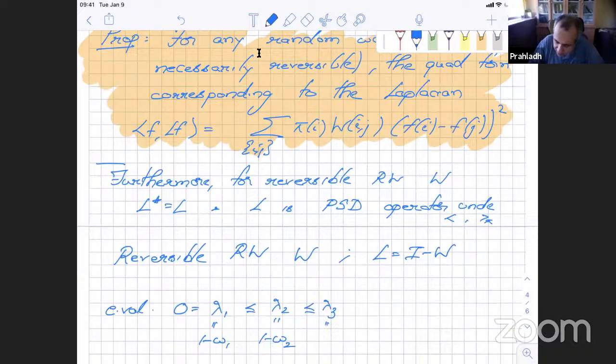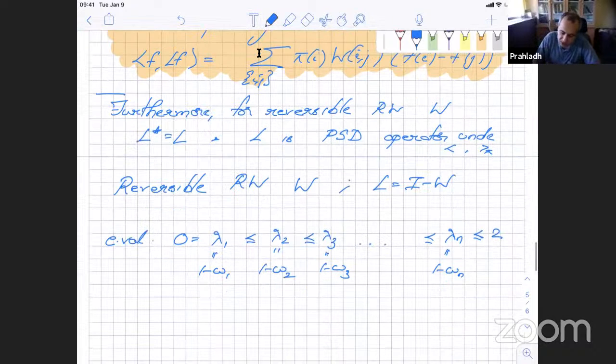The eigenvalues are exactly the eigenvalues of the random walk flipped around, up to lambda n, which is 1 minus omega n, and hence this is a number less than or equal to 2, because omega n was greater than or equal to minus 1. So the Laplacian's eigenvalues are all sandwiched between 0 and 2, whereas the random walk's matrix was between minus 1 and 1. And 0 is always achieved.